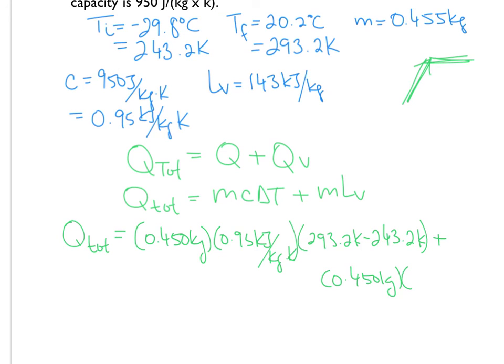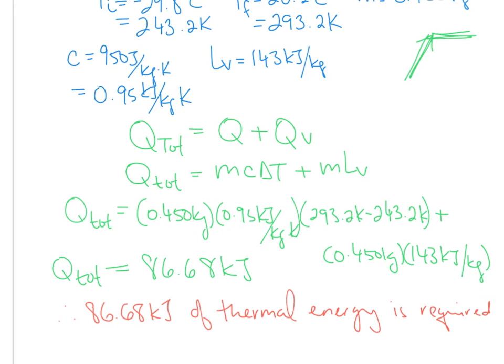So same mass, and your specific latent heat of vaporization is 143 kilojoules per kilogram. And that comes out to 86.68, and our units are kilojoules. So therefore, 86.68 kilojoules of thermal energy is required to change its state.